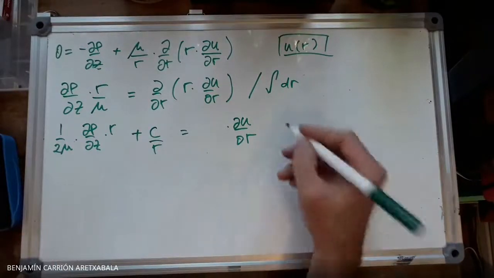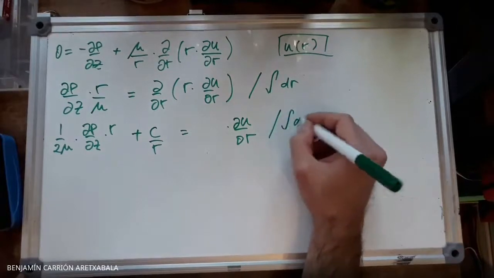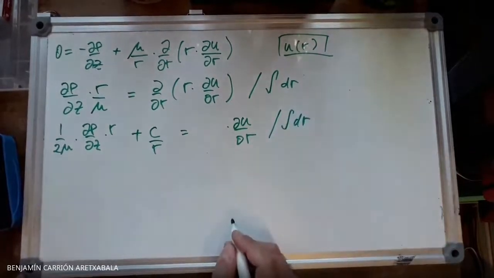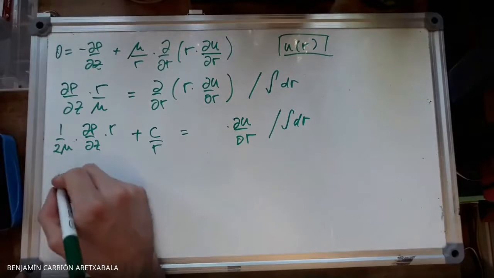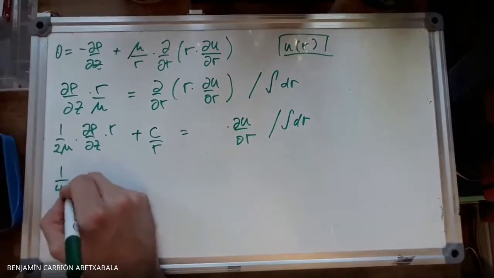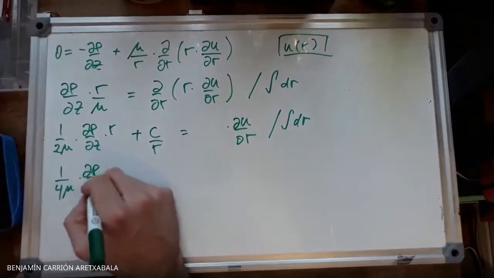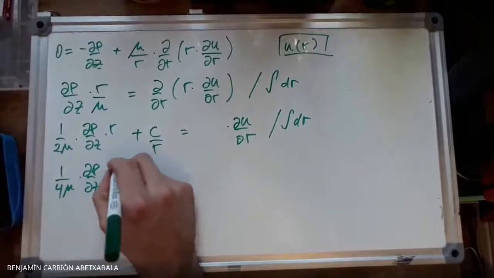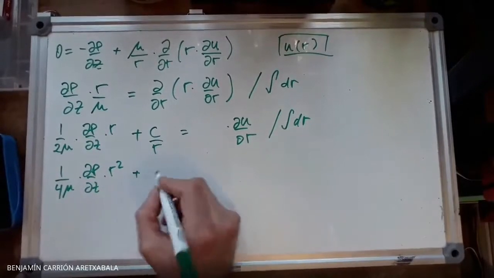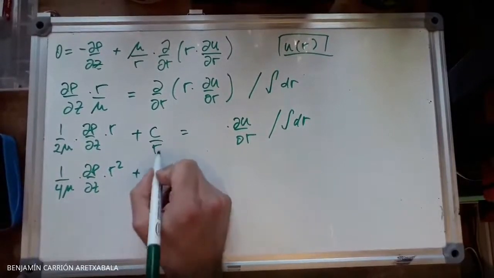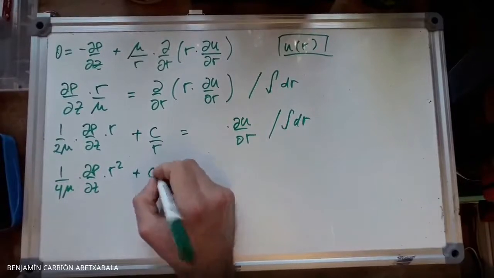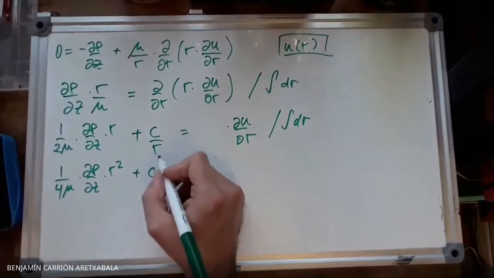And now I'm going to integrate again with respect to dr. So what I get here is another 2. So it's going to be 4 dp dz r squared times this derivative. Do you remember the derivative of 1 over r?